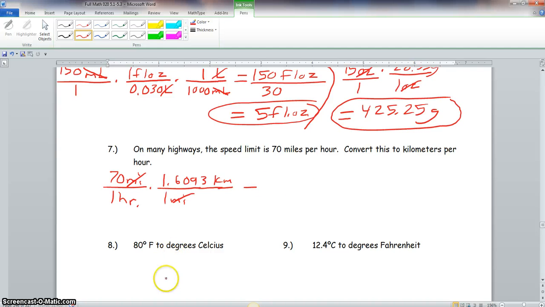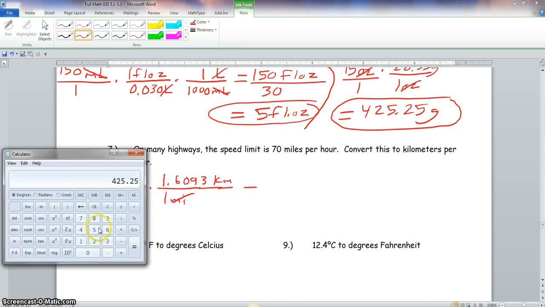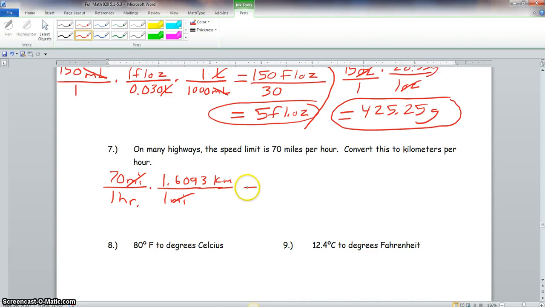So we would take our calculator and take 70 times the 1.6093, and that will give us 112.651. But we will round it to 112.65.